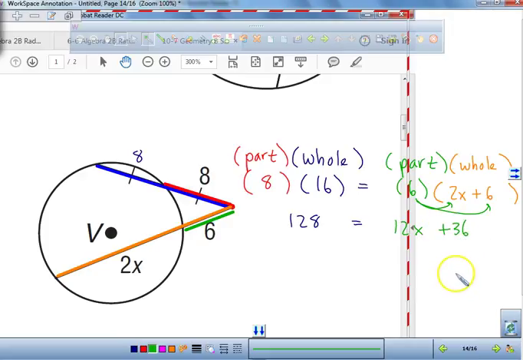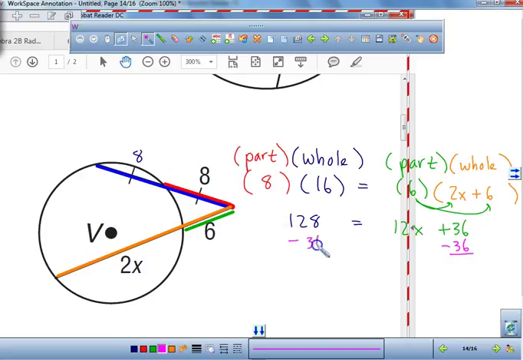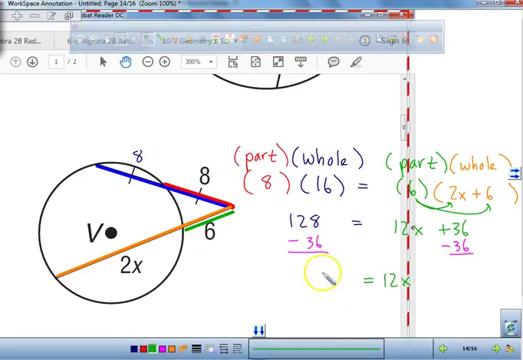plus 36. And now you have to know a little bit of algebra, just solving for x. Take away 36 on both sides. 12 times x equals 92. Then divide both sides by 12.